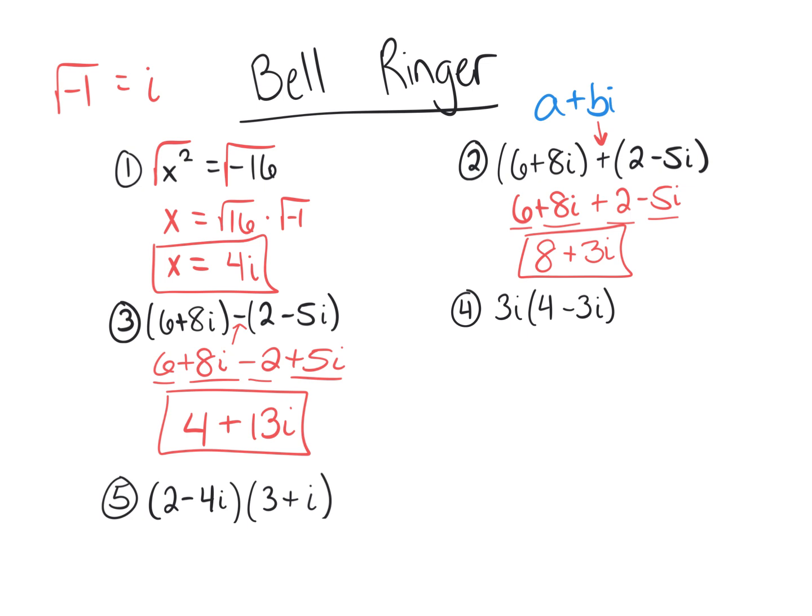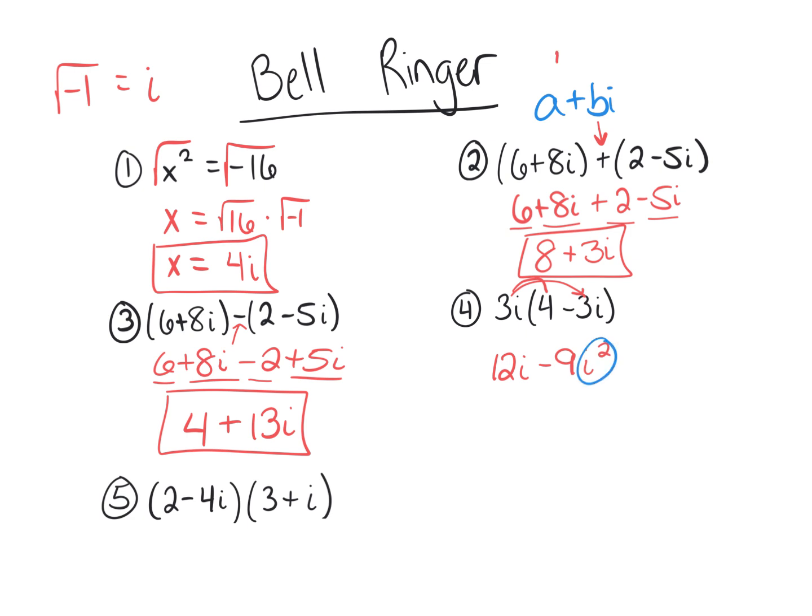Good. Last 2 here. What operation's happening? So that's multiplication. What do I do with this 3i right here? Distribute. 3i times 4, 12i, and then 3i times negative 3i. Negative 9i squared. What do I want to circle and understand right away? The squared. Yes.